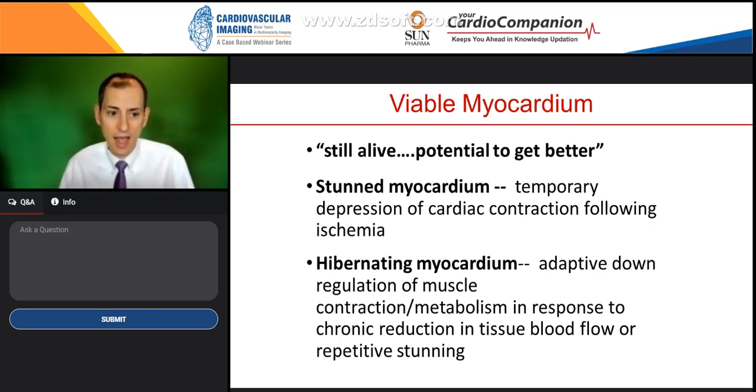And then there's hibernating myocardium, which is an adaptive regulation of the metabolism in response to chronic reduction in blood flow, repetitive stunning. So if you have someone in the cath lab and you open up the vessel, it takes a while for the wall motion to recover that stunned myocardium, but chronically the myocardium becomes hibernating.